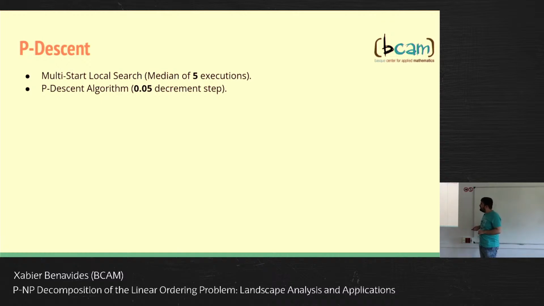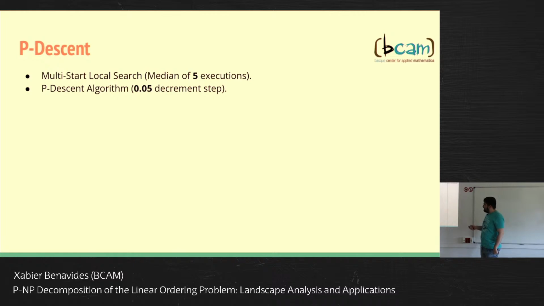To do that, we have compared the p-descent algorithm with a classical multi-start local search approach. This experimentation has been carried out on the same benchmark of instances that we considered in the experimentation about the ranking correlations. For the multi-start local search we considered 5 executions per instance, and for the p-descent just 1 per instance because it is a deterministic algorithm.